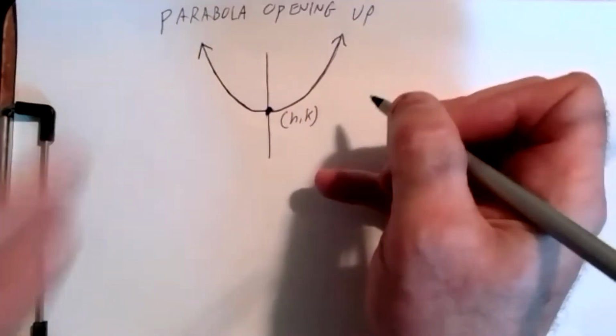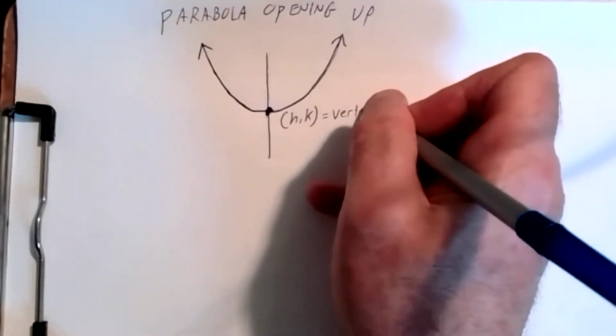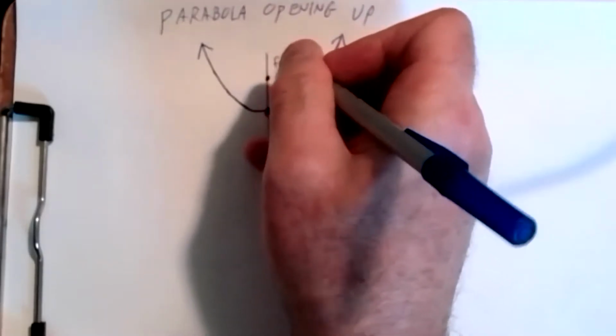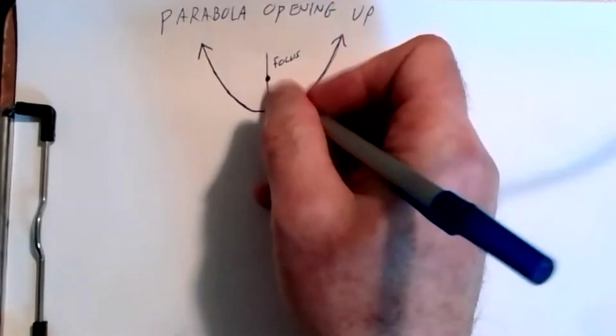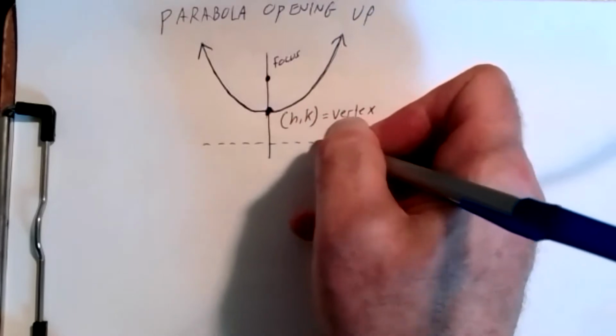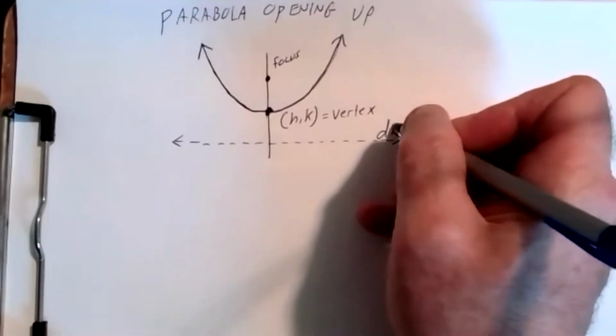That's (h, k). That is the vertex. We have a focal point here, a focus. We have a directrix. In this case, for a parabola that opens upwards, our directrix is going to be a horizontal line called the directrix.